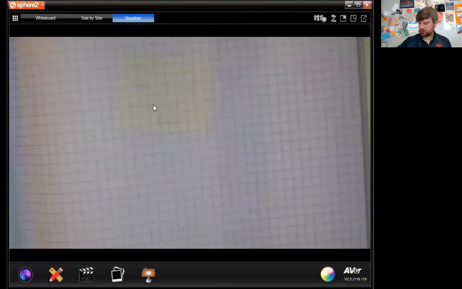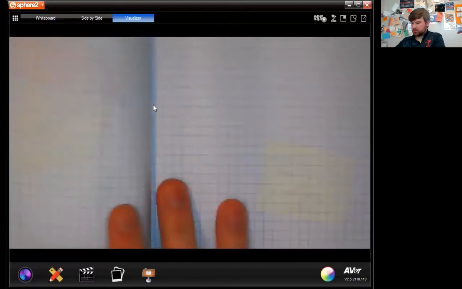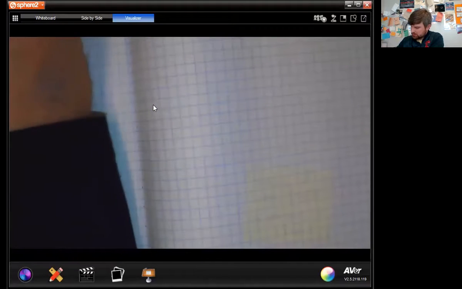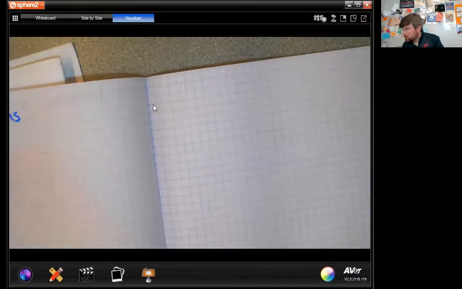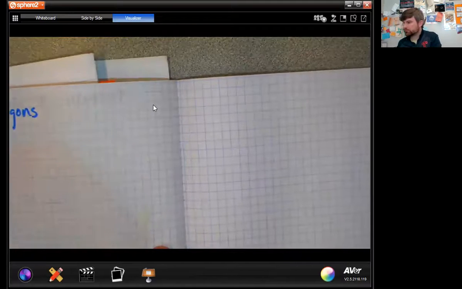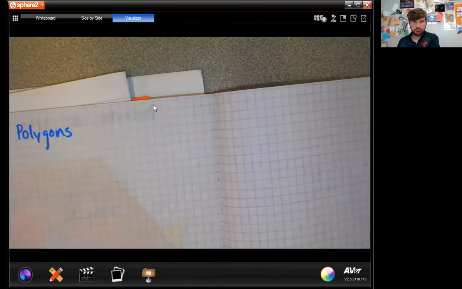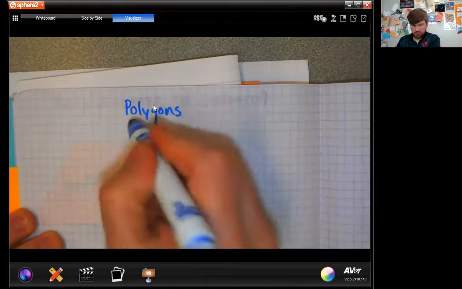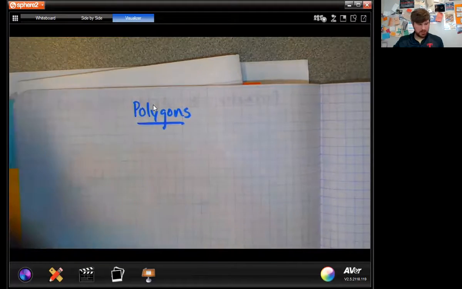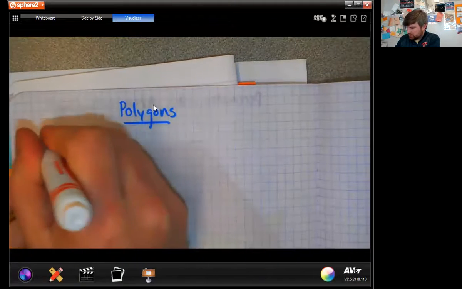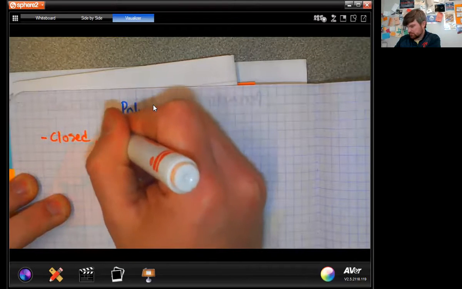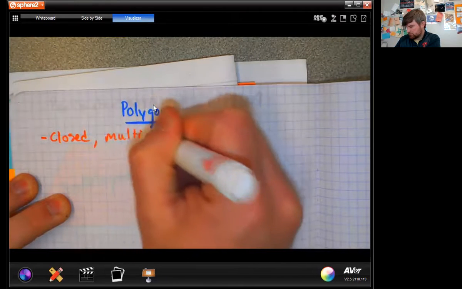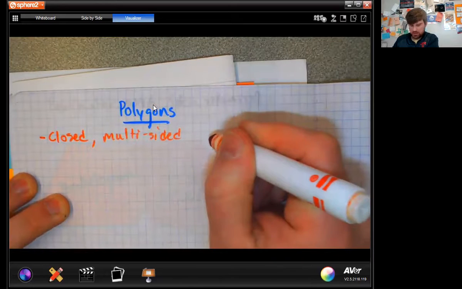Okay, so first we're going to start on page 104, and we're just going to label these pages polygons. So a polygon is a closed, multi-sided, and segmented shape.